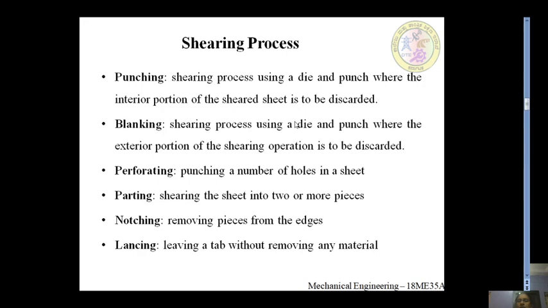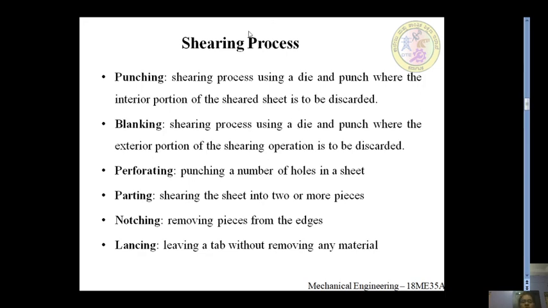Basically, sheet metal operations are divided into 2 types: one is the cutting or shearing process and the second is the forming process. In the shearing process, these definitions we have understood: punching, blanking, perforating, parting, notching, and lancing.